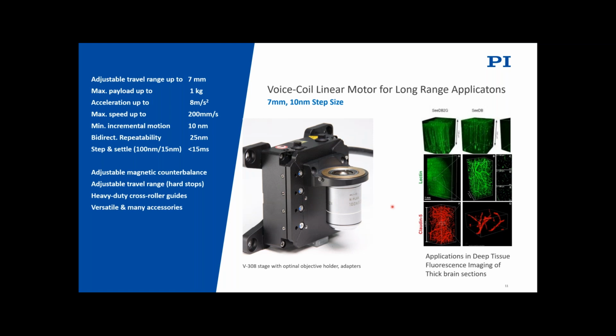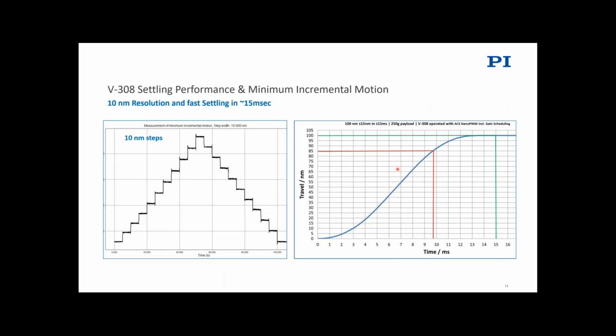So this would be good for some of the deep tissue imaging, multi-photon techniques in neuroscience and other fields that are really trying to build these very large images. A lot of this has been enabled by super resolution and localization techniques. And so, yeah, we want to continue to advance what can be done with the motion technologies.